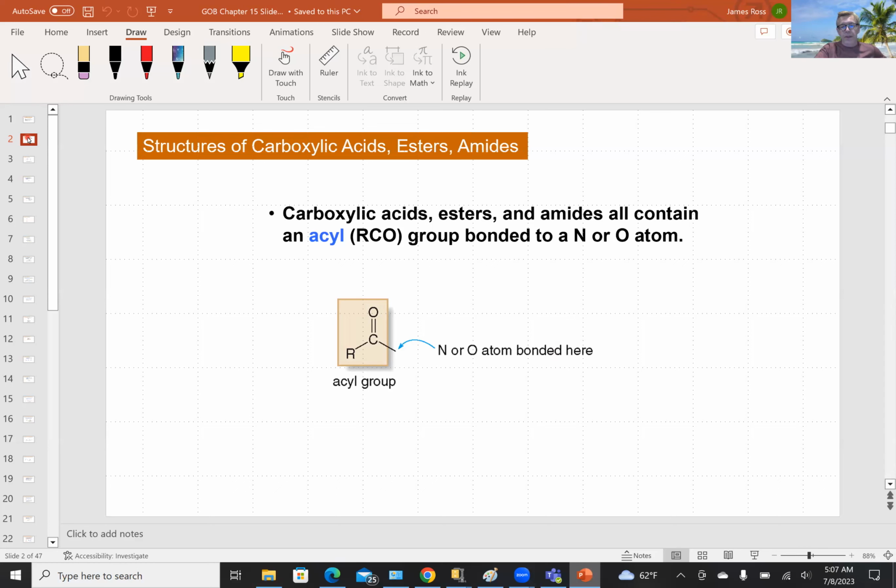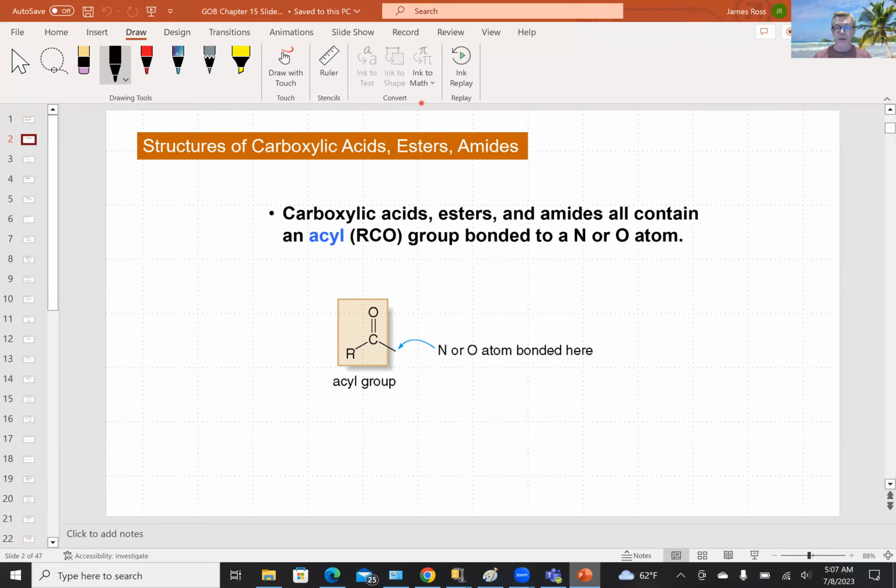Okay, so carboxylic acids, esters, and amides all contain this acyl group. An acyl group is just a carbonyl with an adjacent carbon. So we can see here the carbonyl, the C double bond O, the adjacent R group.